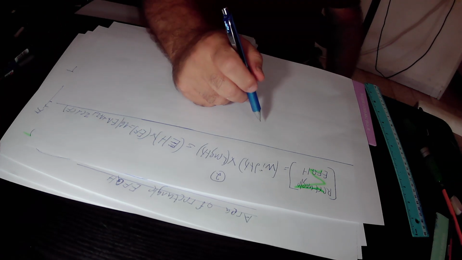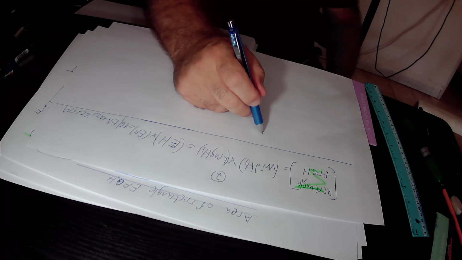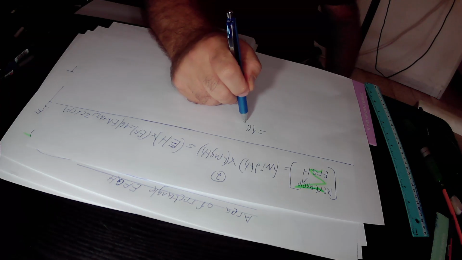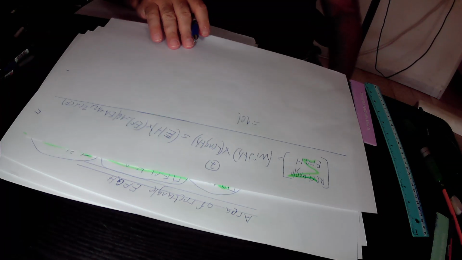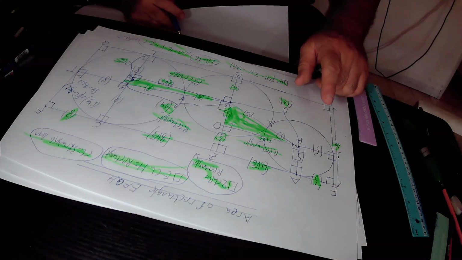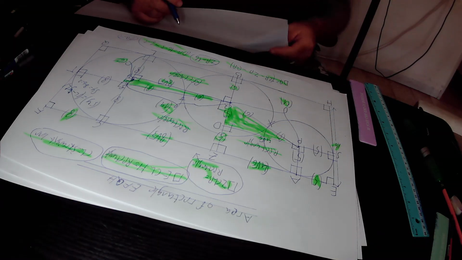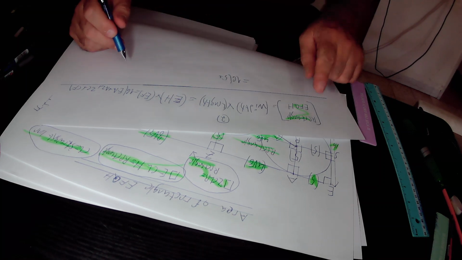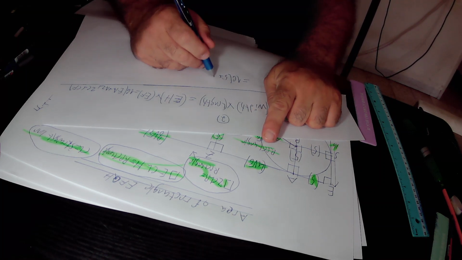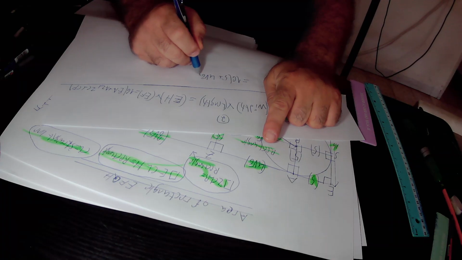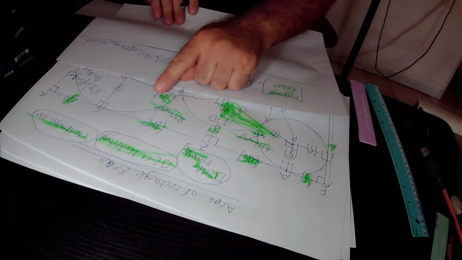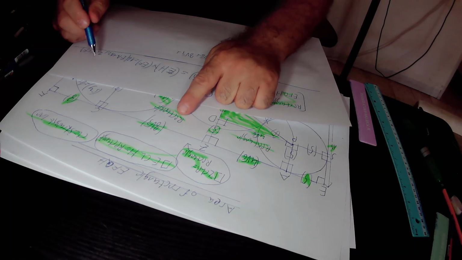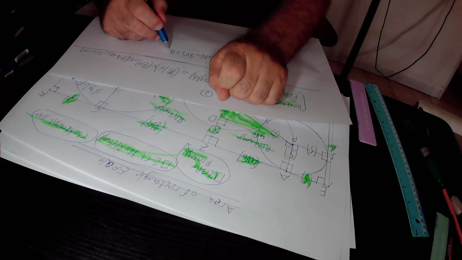So the area of rectangle EFQH is equal to the width, that is 16, times the length, which equals EA is 5, plus AZ is 4 times root of 6, plus ZC, that is 8 times root of 3, plus CF, that is 8.